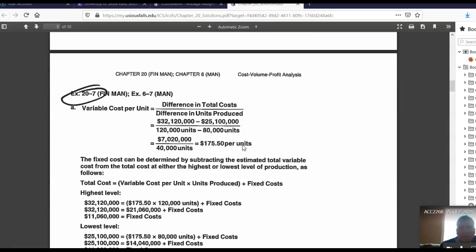What's the total cost? The total cost is variable costs plus fixed costs. How it works is fixed costs don't depend on how many were produced, but the variable cost per unit does matter because we want to know how many units we produce.